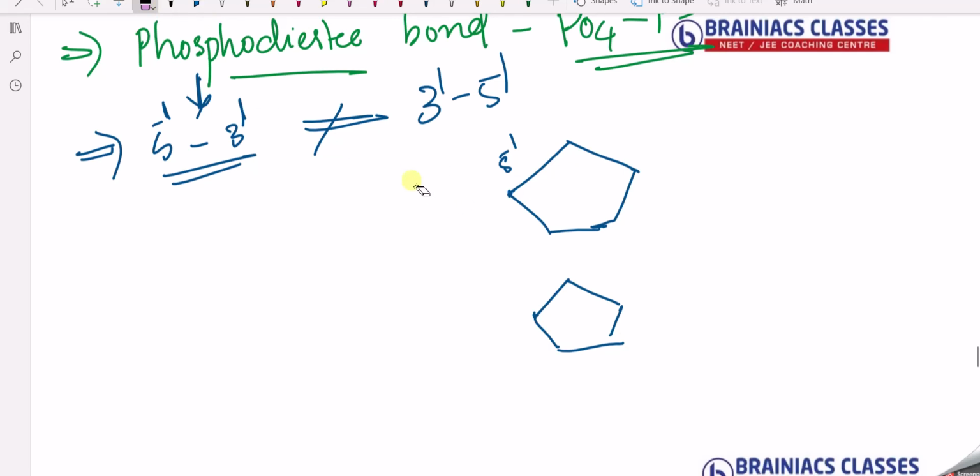So actually it is like this. It will have a bond like this. This is the 5 dash 3 dash direction. Understand?